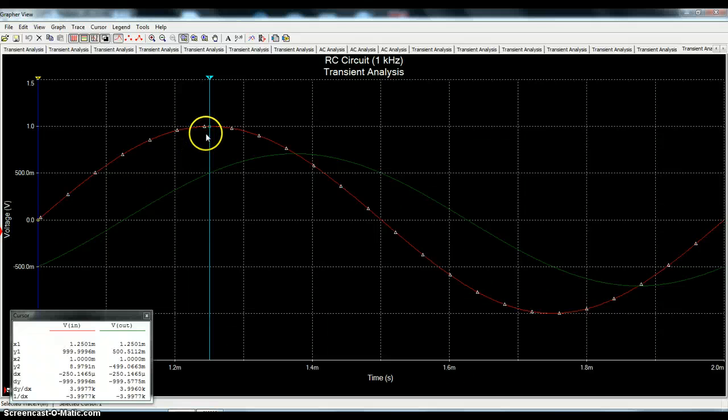The cursor moved over and reached the maximum value of waveform 1. Well, of course, we can read it at 1 volt, but let's look down here at X1 and Y1. X1 occurs at 1.25 milliseconds, and Y1 has a value of 999.9996 millivolts. That's about as close to 1 as you can get.